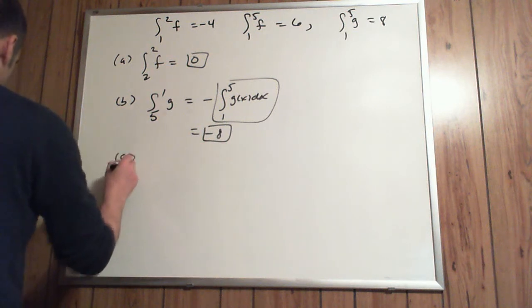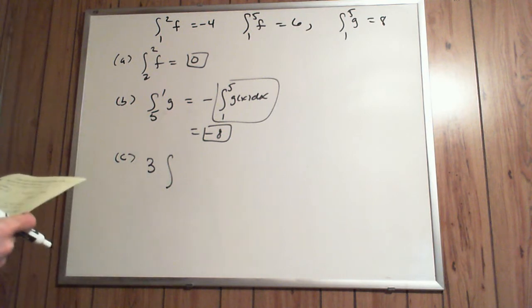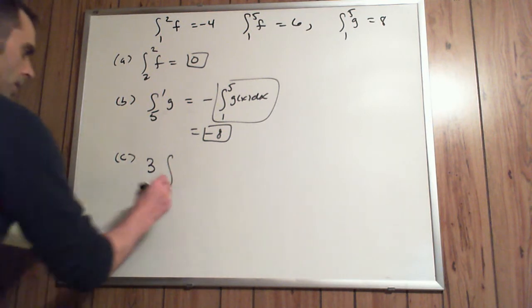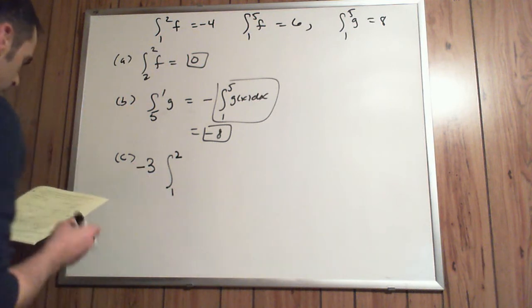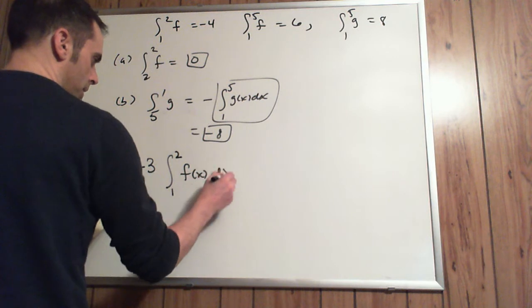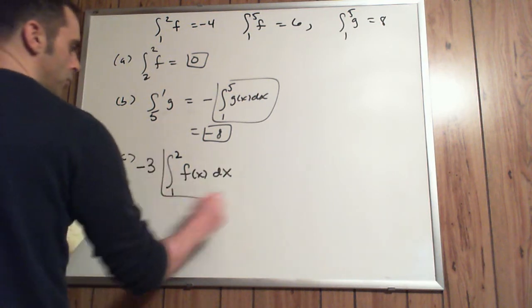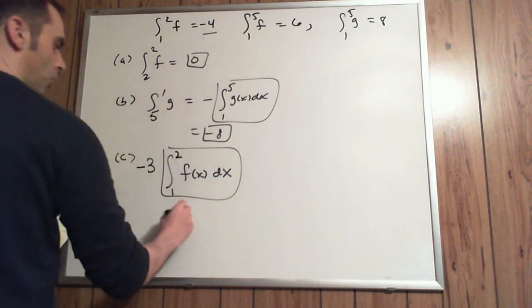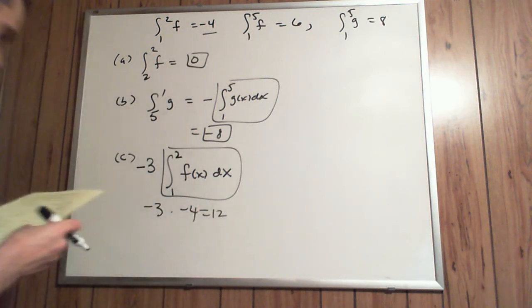In part C, we can pull out the 3 in front and flip the limits of integration to become 1 to 2. But when you flip them, you have to make that negative of f of x dx. Now, this signed value from the given information above is negative 4 times negative 3, which is 12.